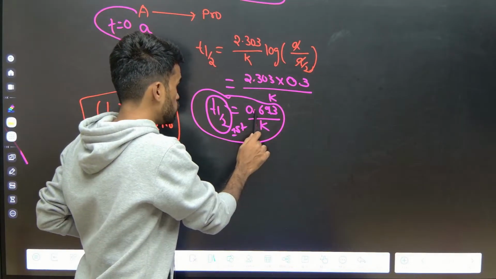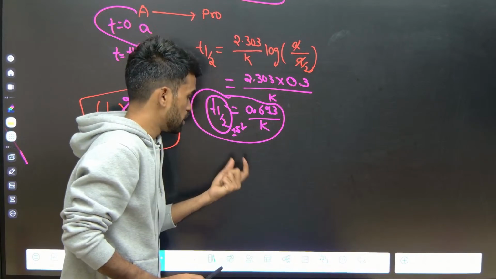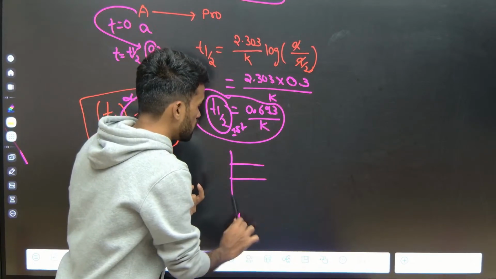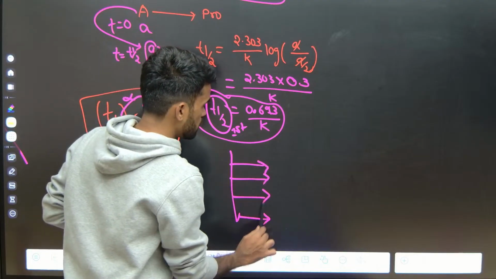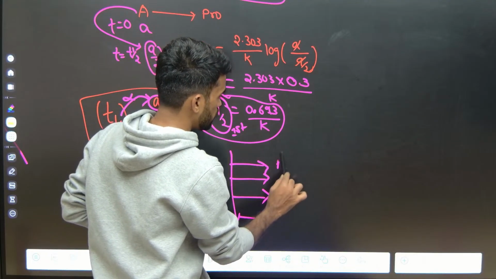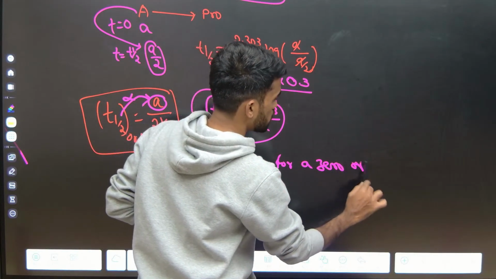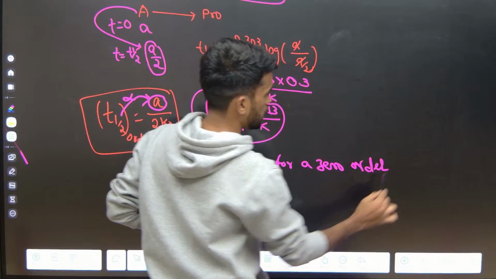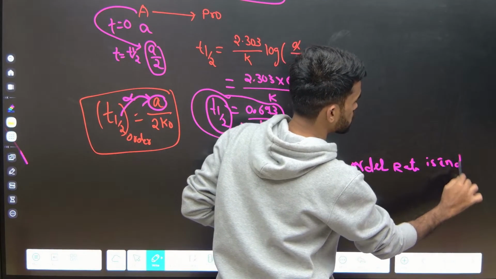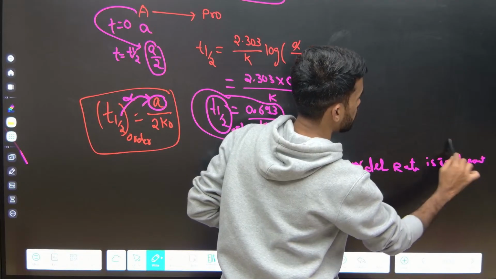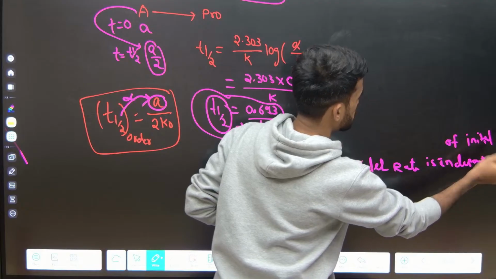Yes guys, you can expect a question in this manner, like given 4 statements, out of 4 which is correct or which is incorrect. First statement they will give: for a zero order reaction, rate is independent of initial concentration. Is this correct or not, they will ask.